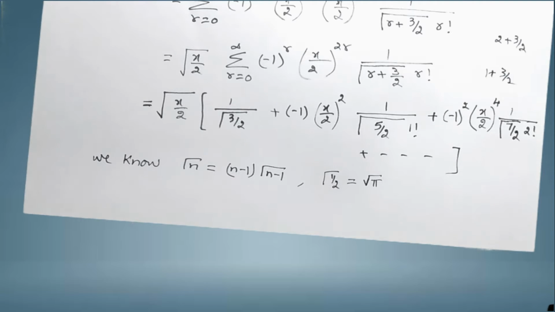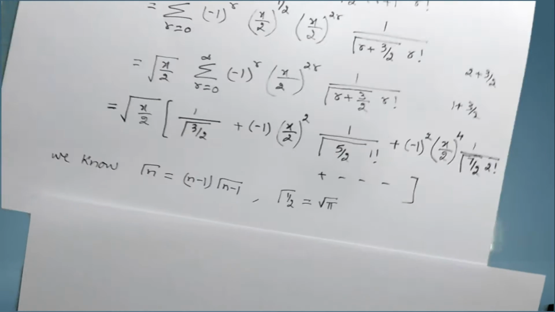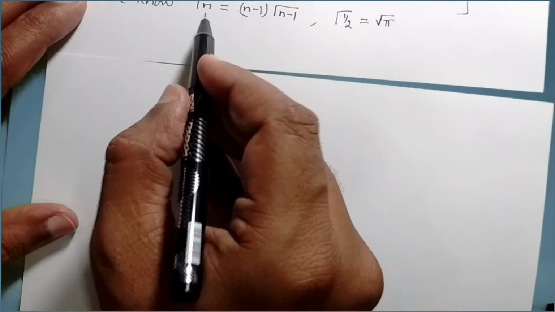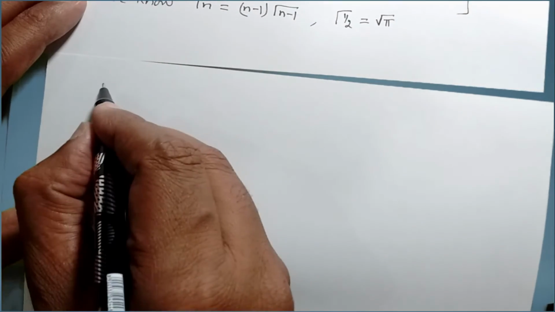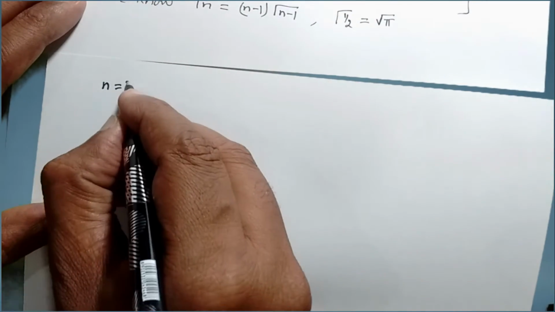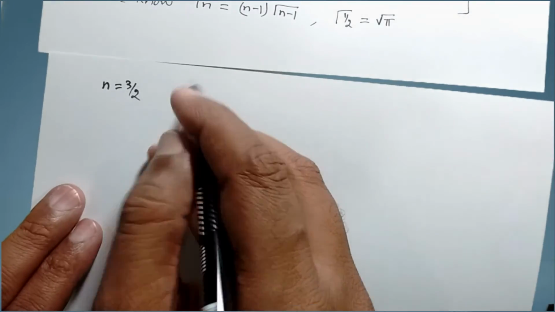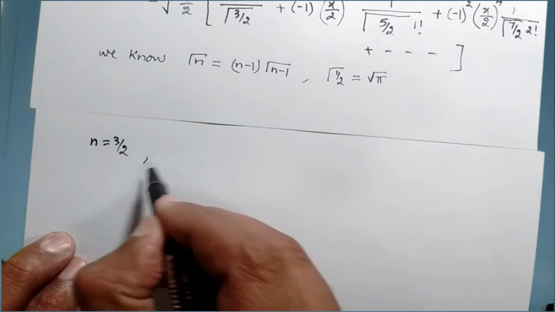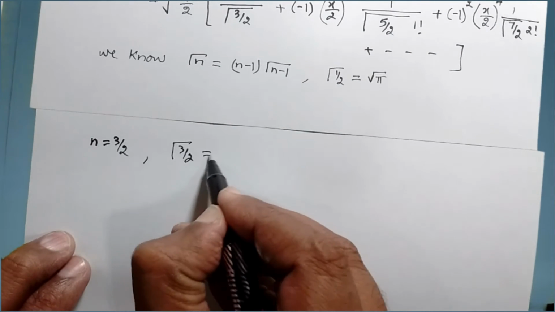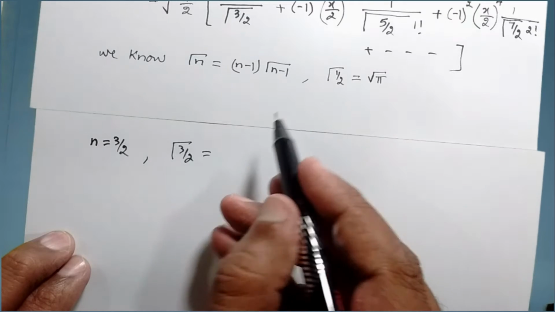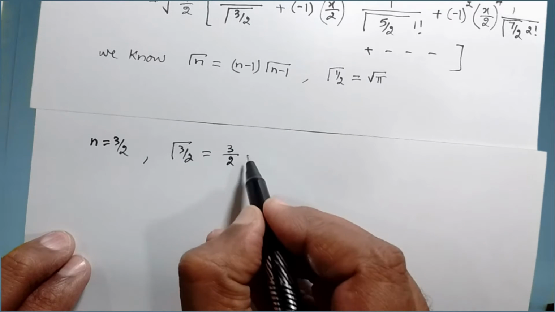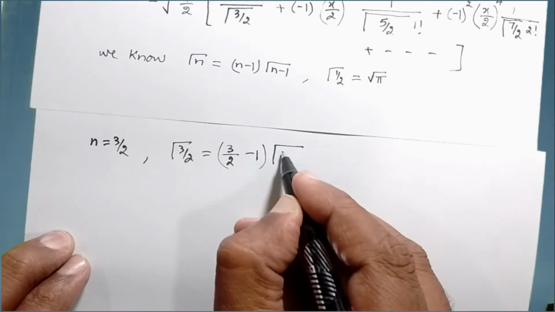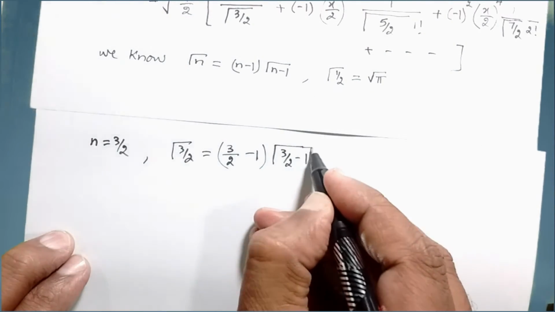So we'll start with gamma of 3 by 2. In place of this n, I'll put 3 by 2. So gamma of 3 by 2 is equal to n minus 1 into gamma of n minus 1. That is 3 by 2 minus 1 into gamma of 3 by 2 minus 1.